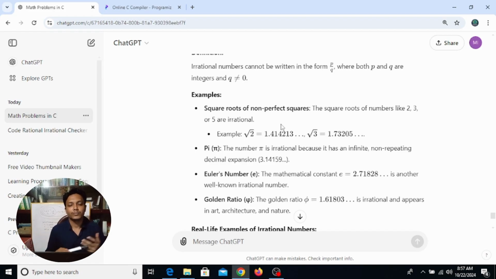Perfect squares are not irrational numbers. Irrational numbers are the numbers whose squares are non-perfect squares, like root 2, root 3, root 5.